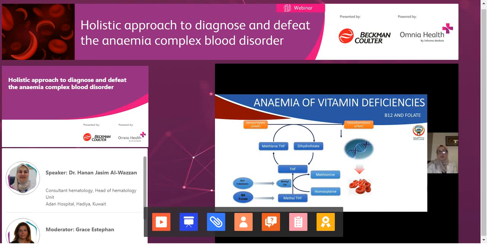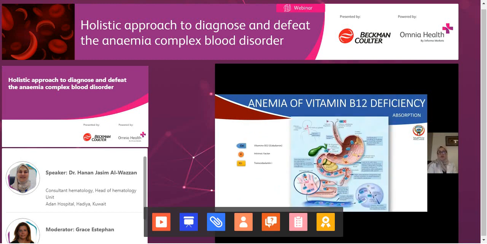So in normal situations, B12 is derived from meat, fish and cheese. The vitamin is liberated from the animal proteins in the gastric juice.